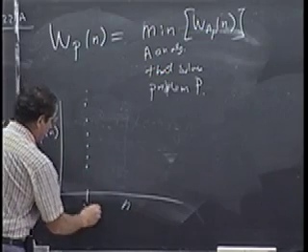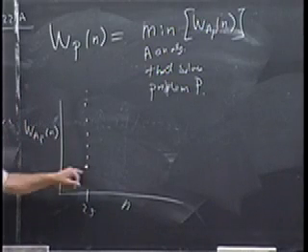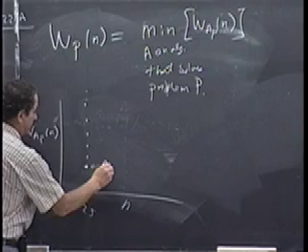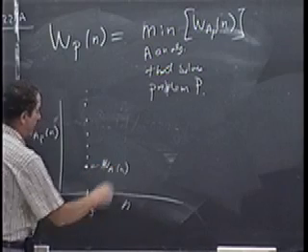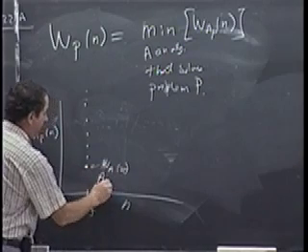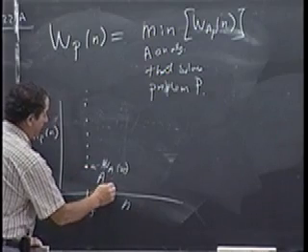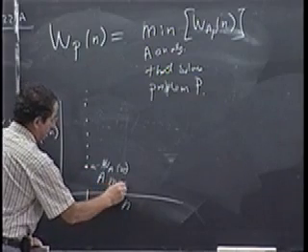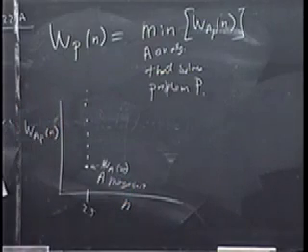So for n equals 25, this is what W_A(25) is, let's say for A being merge sort, if we're talking about sorting.